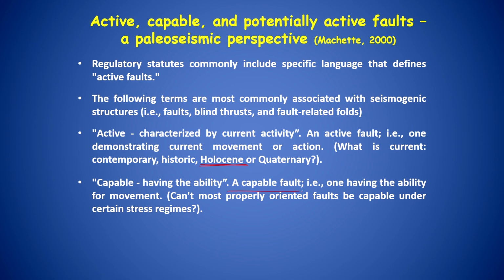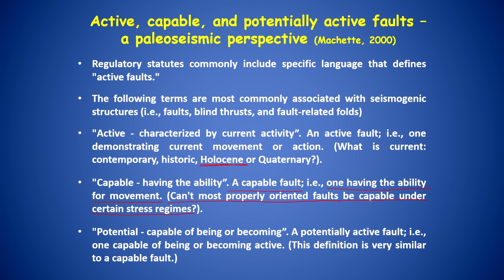A capable fault is one having the ability for movement. Not all properly oriented faults may be capable under a certain stress regime. In some stress regimes they may not be very effective in terms of movement.